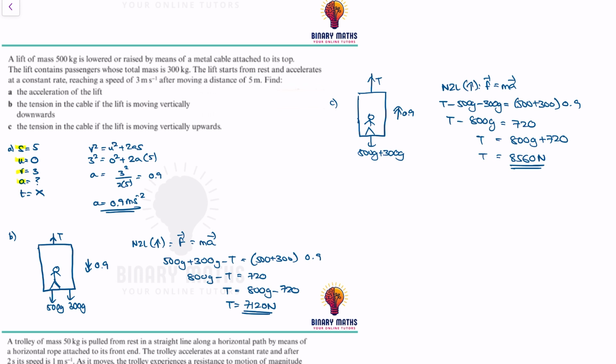Okay, the reason why I didn't include the reaction force from the man on the lift is because the reaction forces are equal and opposite, so they will cancel out.